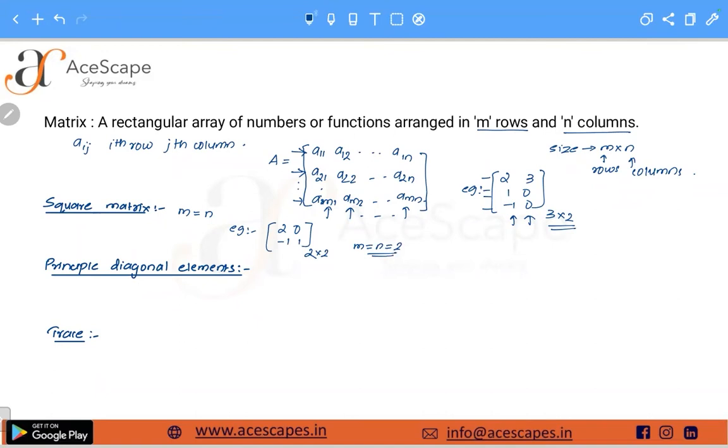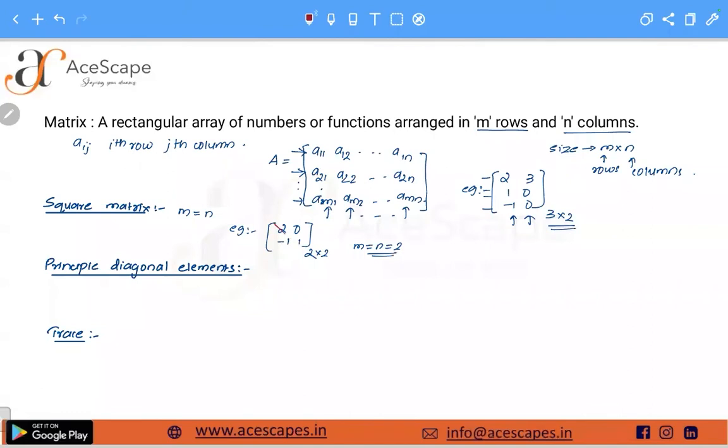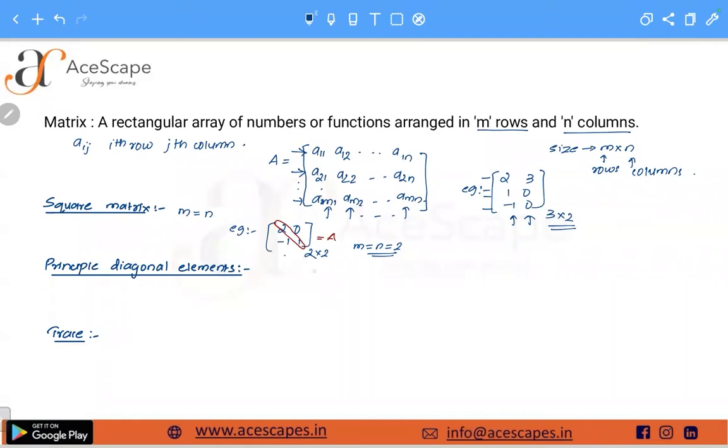Square matrices contain something called principal diagonal elements, which means the elements that belong to the diagonal. This is called the principal diagonal. For this matrix, suppose I call it A, the principal diagonal elements are 2 and 1.